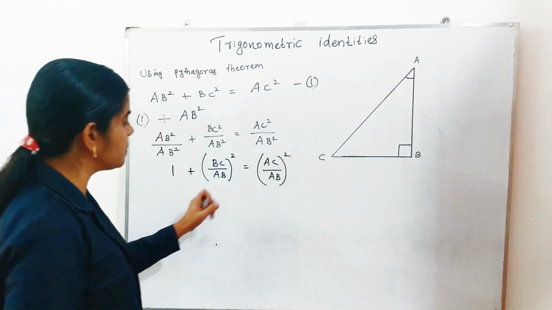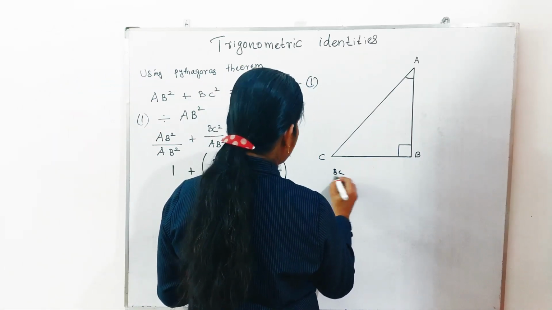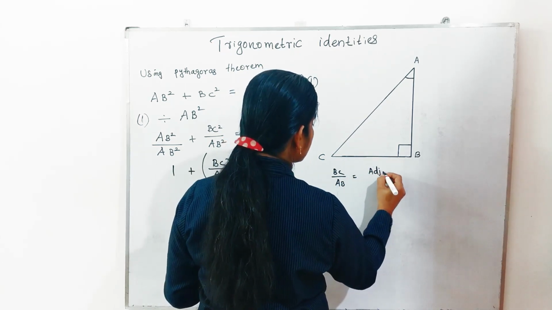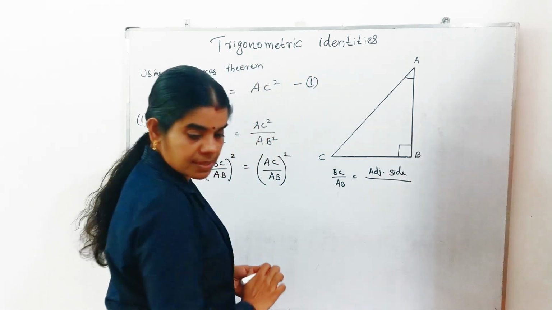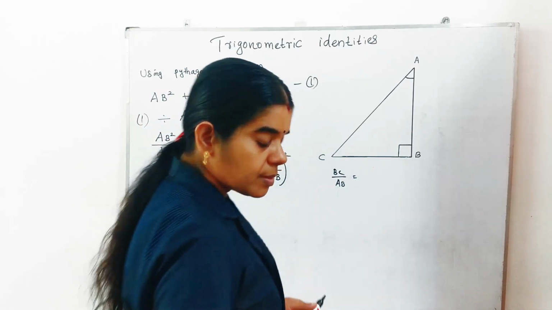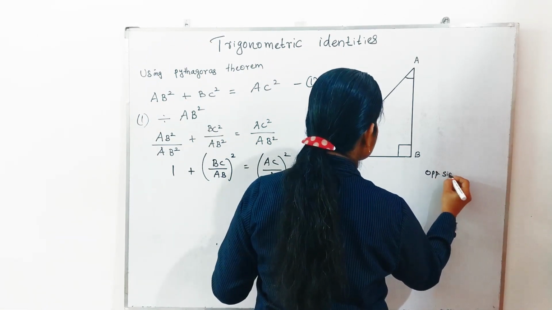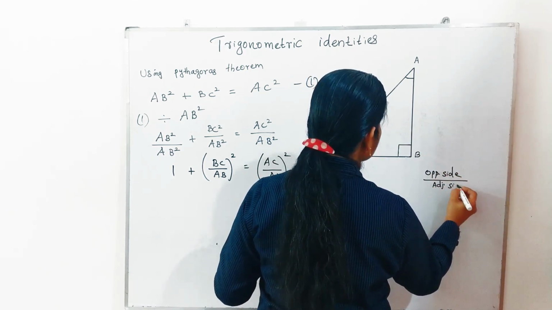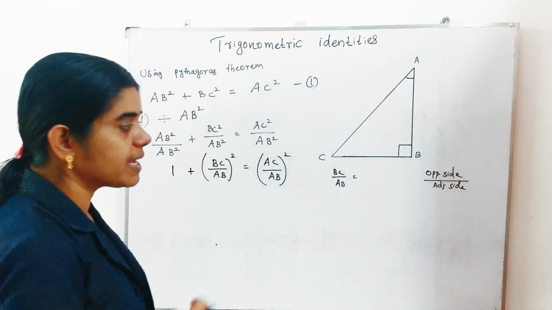Then look at what BC by AB means. Because A is the angle we are taking, BC will be the opposite side and AB the adjacent side, so BC by AB is opposite side divided by adjacent side.